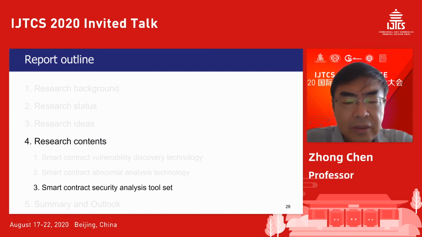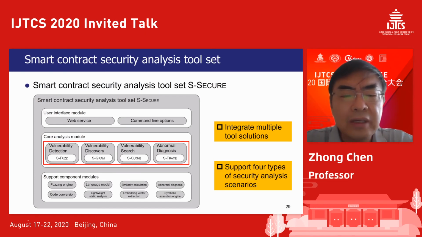Well, the third part is a smart contract security analysis tool set. We can see that we combine the vulnerability detection tool S-fast, the vulnerability discovery tool S-gram, the vulnerability search tool S-clone, and the abnormal analysis tool S-trace to form a core analysis model.